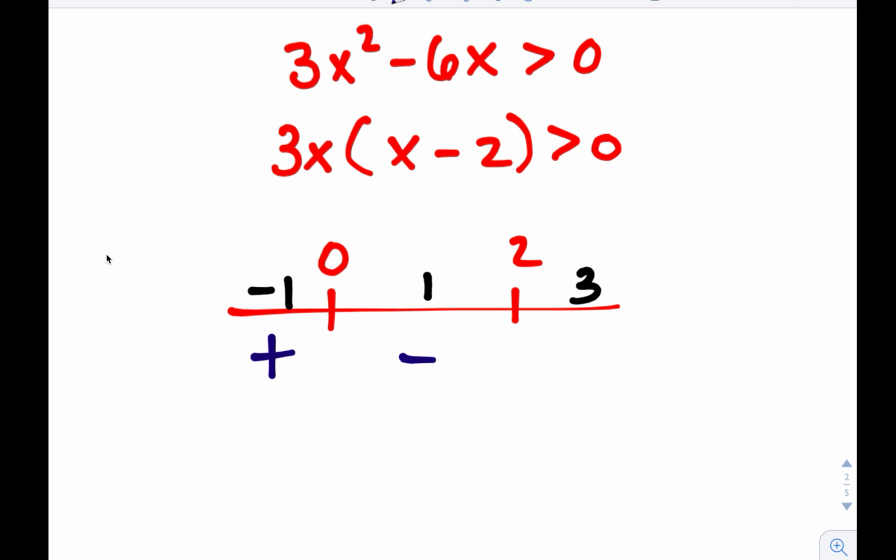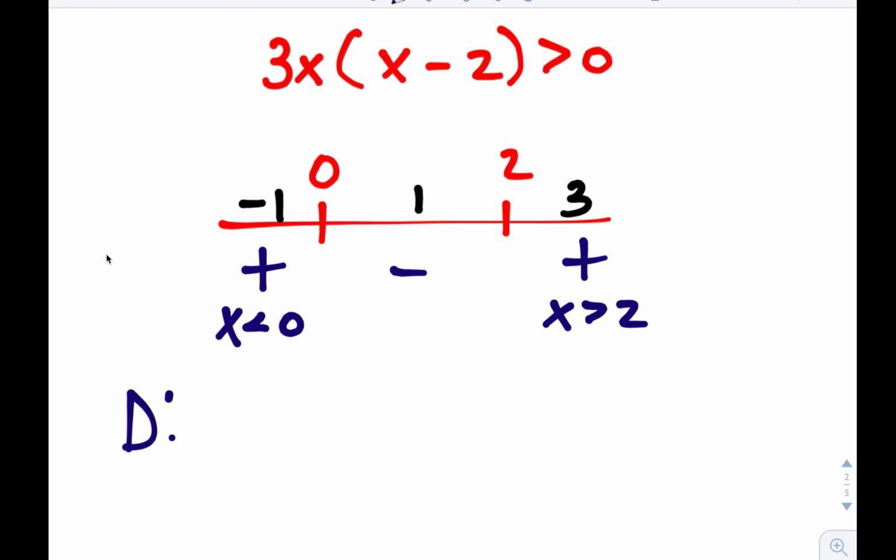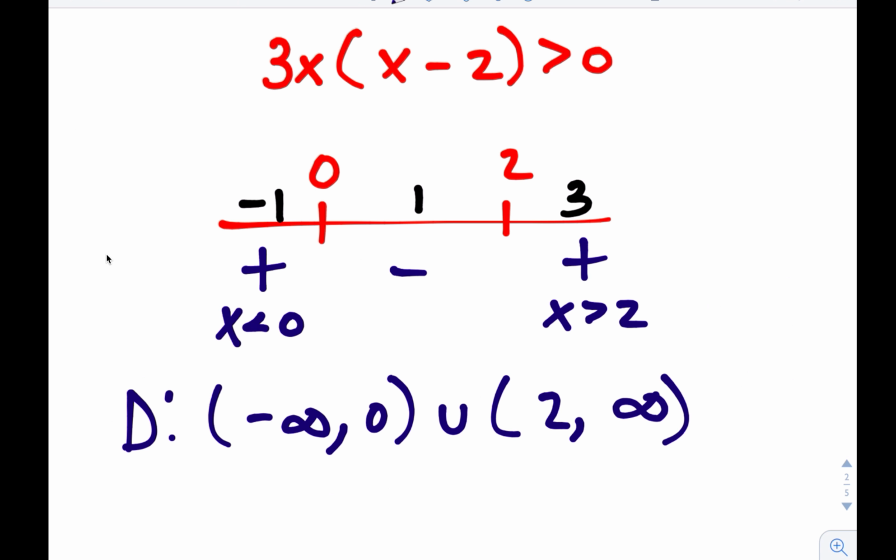And then if I plug in 3, 3 times 3 is positive, 3 minus 2 is also positive. So numbers less than 0 and greater than 2 are the ones that are going to work here. So my domain now is going to be from negative infinity to 0 union with 2 to infinity.